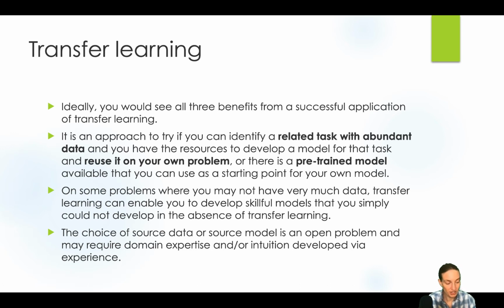This becomes especially relevant if you're dealing with a task that has almost no data available, yet somebody else has used it on something that has lots of data available. Okay. A very typical example here is object detection. There's data sets available there of millions of images classified.